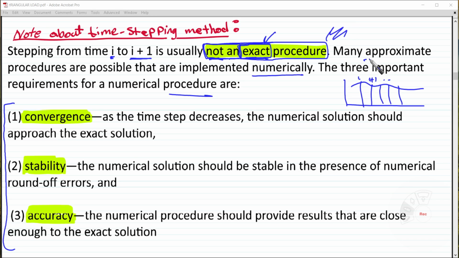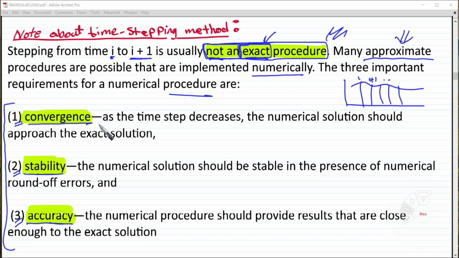This means that we have some approximation. As long as we use approximate methods, we need to keep in mind three important criteria for this numerical method. First of all, we want to guarantee the convergence. The second is the stability, and third is accuracy. So you need to keep in mind these three things.